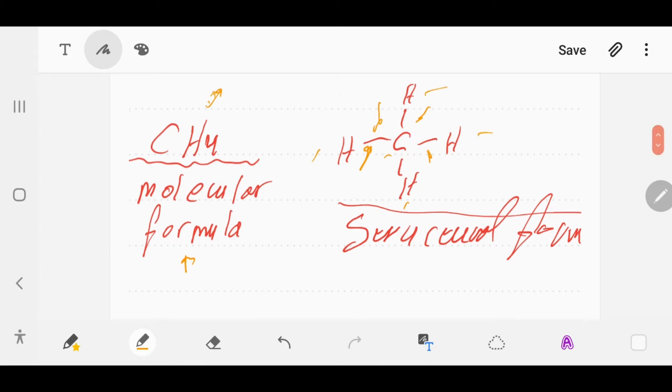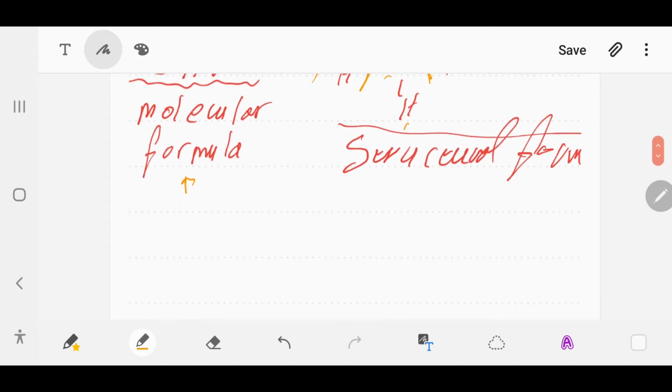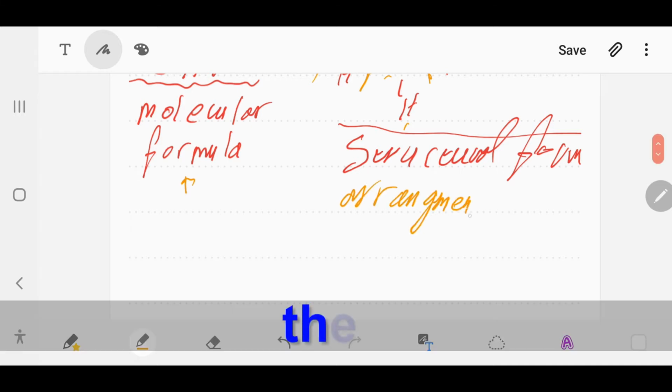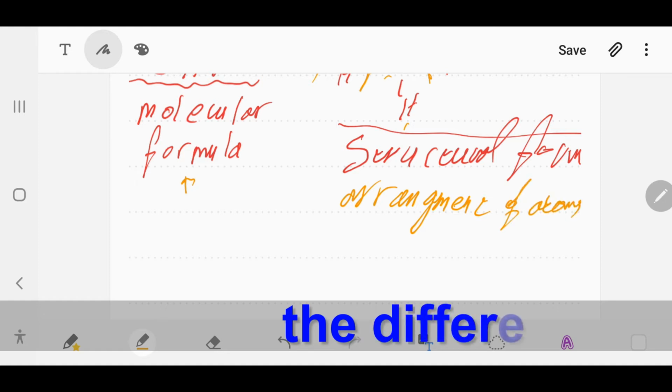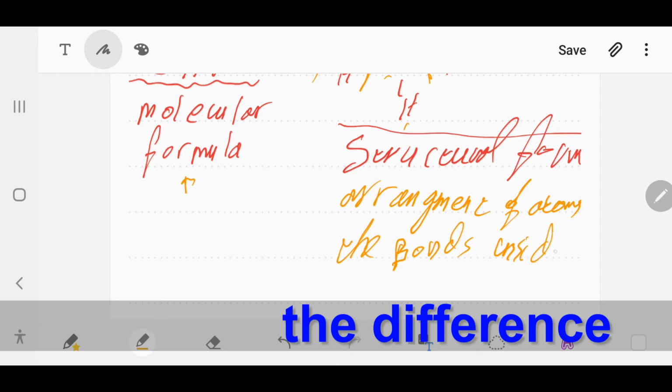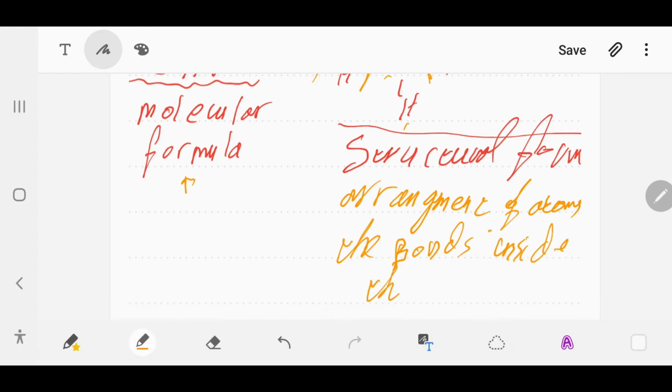So here we have the arrangement of atoms and the bonds inside the compound, which we can't see in the molecular formula.